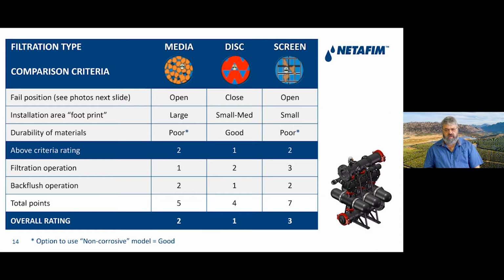And I'm sure there are people that can fill in this template differently, so you're welcome. This is just trying to do a general assessment of the different filtration types.